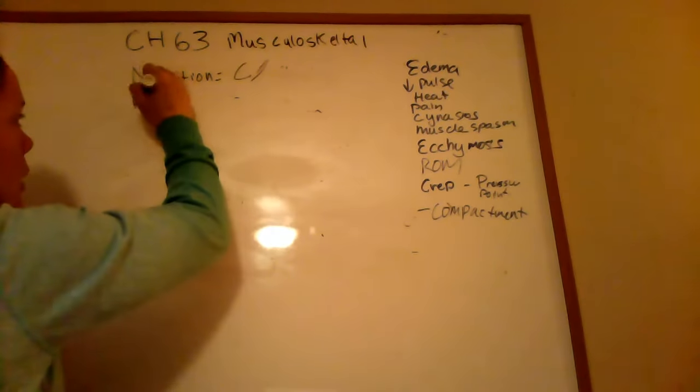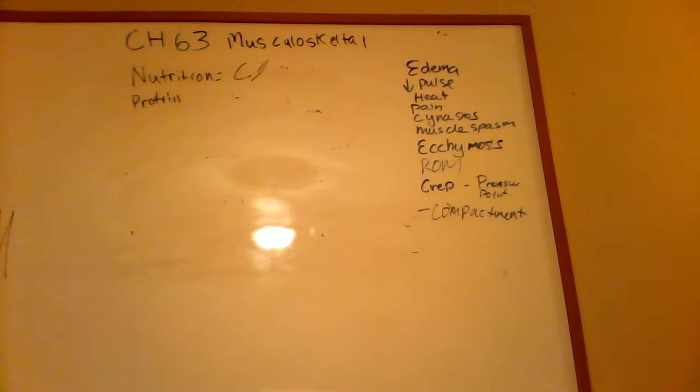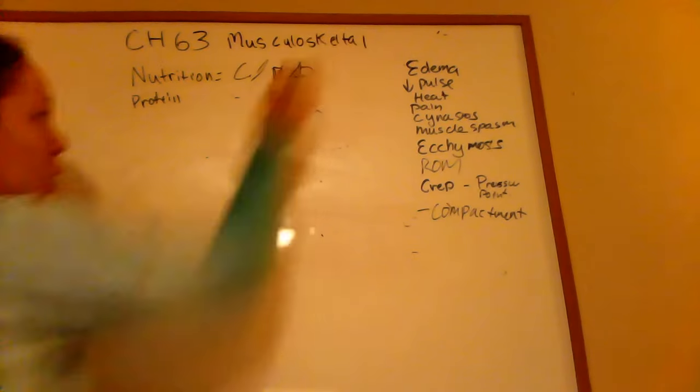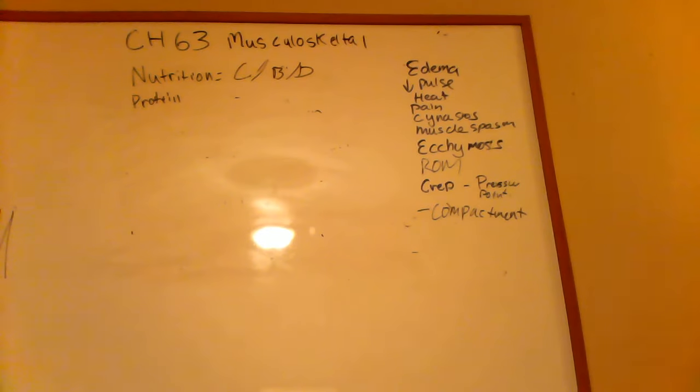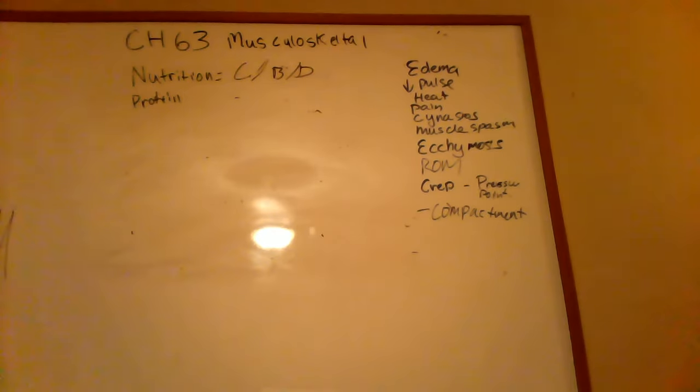You're going to need protein. They're upped to 1 gram per pound, not kilogram here. So vitamin C, vitamin B, vitamin D, obviously. For calcium absorption, you need calcium, phosphate, and magnesium. Of course, low vitamin C or low protein is going to delay healing. And again, smoking, because it's bad on everything, is also going to delay healing.